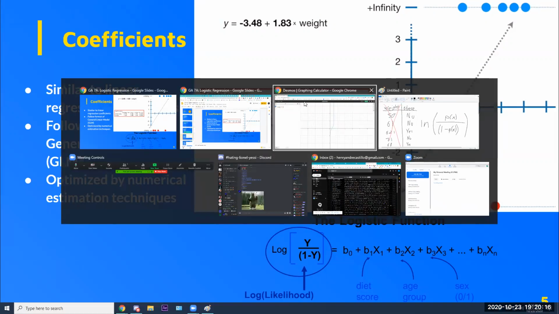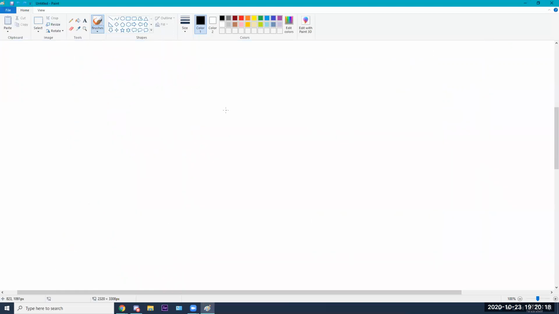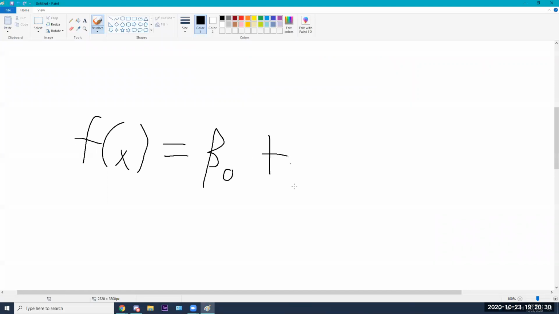And the general linear model essentially follows the form of some function of x is equal to some intercept plus beta terms for every single input feature you have.